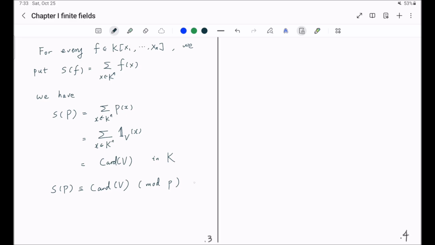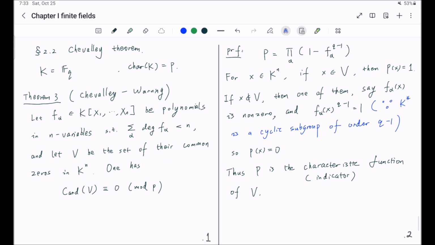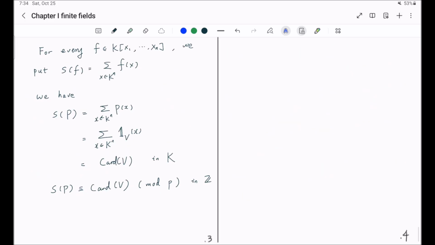And you can think of this happening in Z. Therefore, to prove the theorem, remember the theorem states that cardinality of V is congruent to 0 mod p. To prove this, it suffices to establish that S of P is congruent to 0 mod p. Or in other words, S of P is equal to 0 in K.